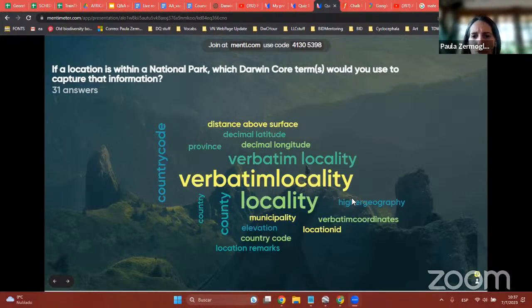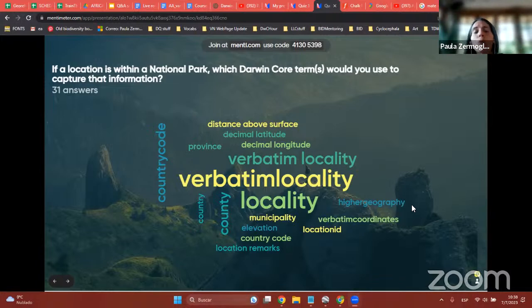We're going to go now to higher geography. Higher geography is a very interesting term, because in there we can concatenate all the administrative divisions, either if they are formal, like provinces, counties, and municipality, but also the kinds of divisions that include national parks.